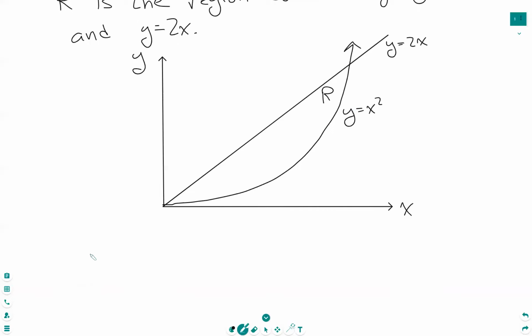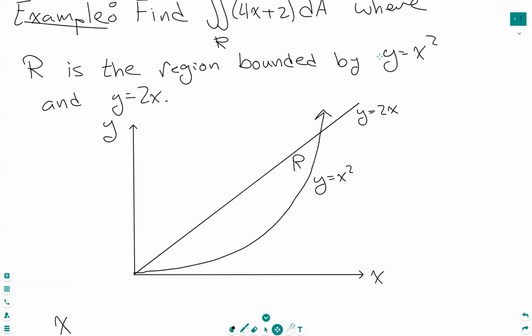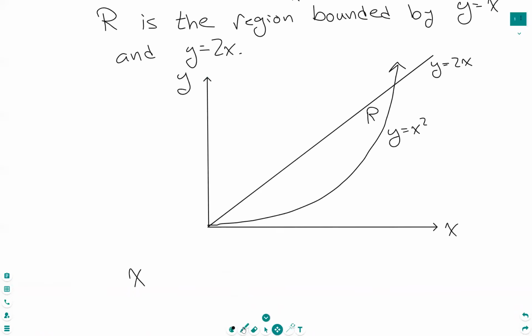So to do so, I'm going to set them equal to one another. You could set their y's equal to one another, as long as you sub one into the other. But notice that I have y on both left-hand sides. So this is just x squared is equal to 2x.